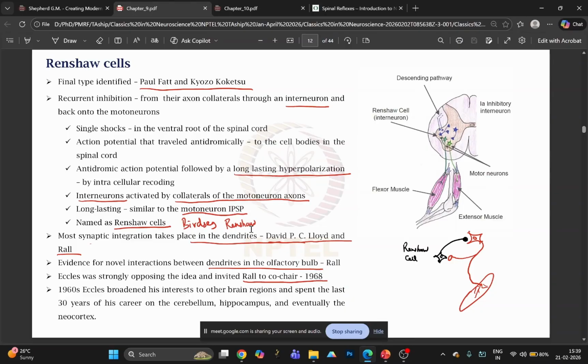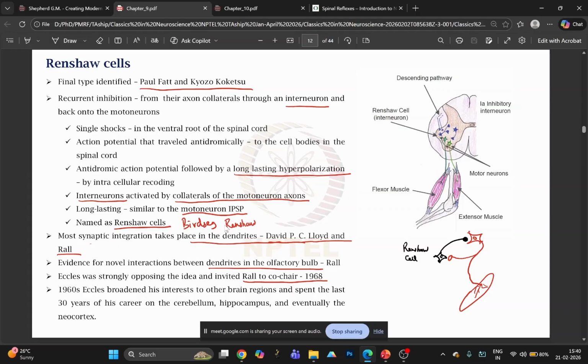He was working at Harvard, and he had made some recordings, and from those recordings, he predicted that there might be some interneurons that are activated by the collaterals but synapse onto the same neuron and cause hyperpolarization similar to that seen in motor neuron IPSPs. IPSPs are inhibitory postsynaptic potentials.